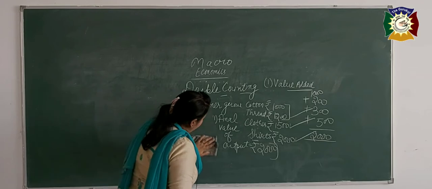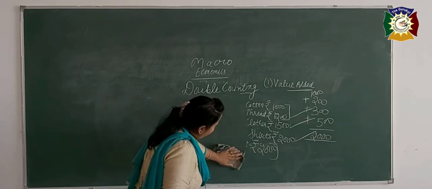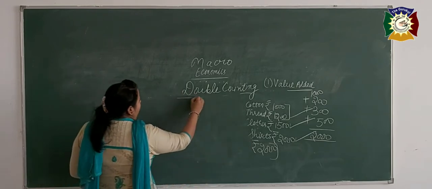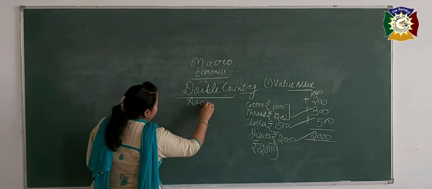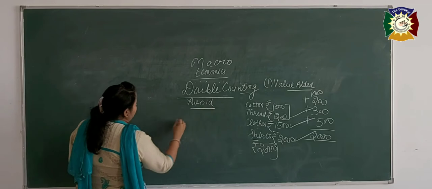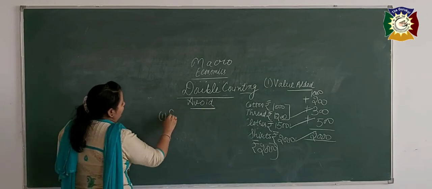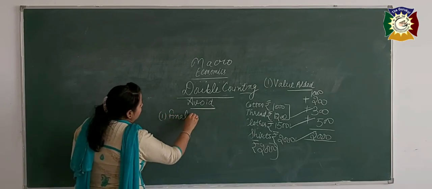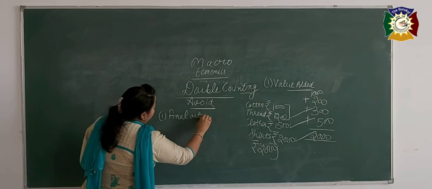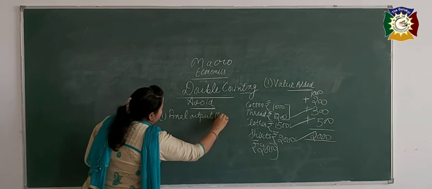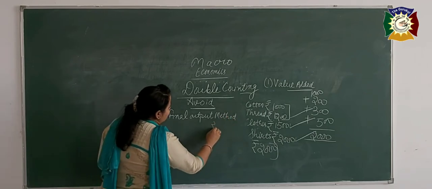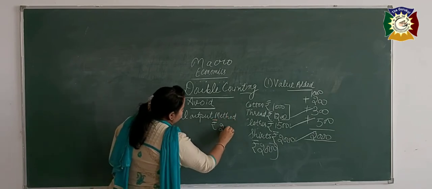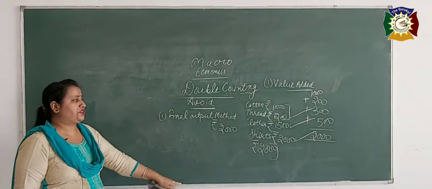I already told you double counting can be avoided. I am writing over there. How can it be avoided? It can be avoided by using two methods. One is the final output method. Final output method means, taking this example, you will take the complete value, that is rupees 2000. This is the value of shirts.